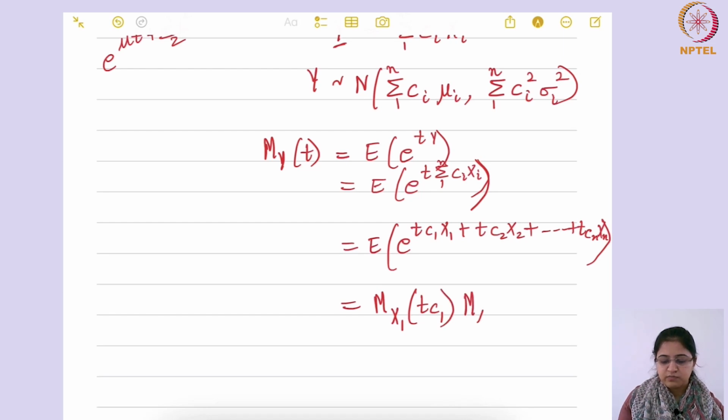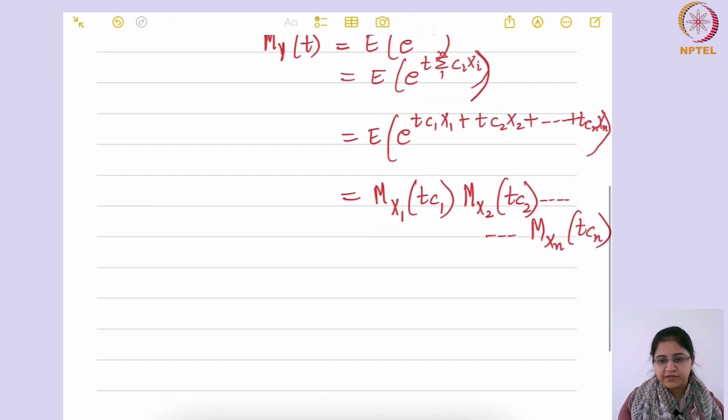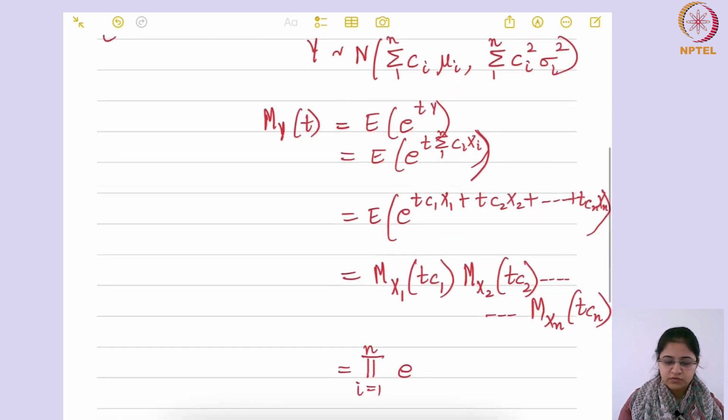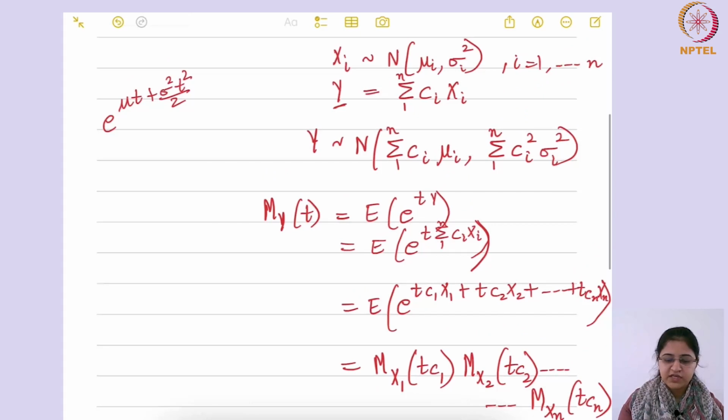Likewise, it will be the moment generating function of x2 at tc2, and likewise it will go up till the last one, because they are independent. Now what is the moment generating function of x1? It will be the product from i equals 1 to n, because all these xi's are coming from normal with mean mu i and sigma i squared.